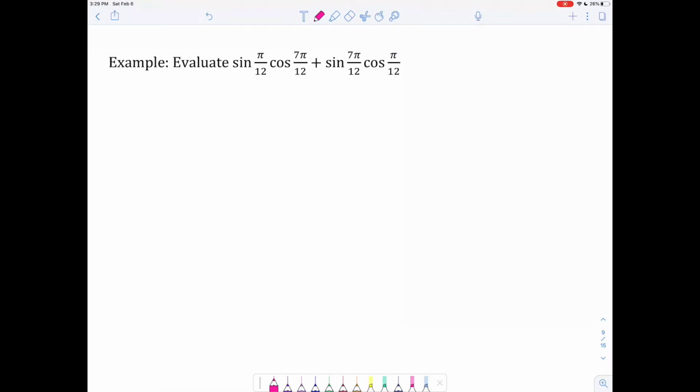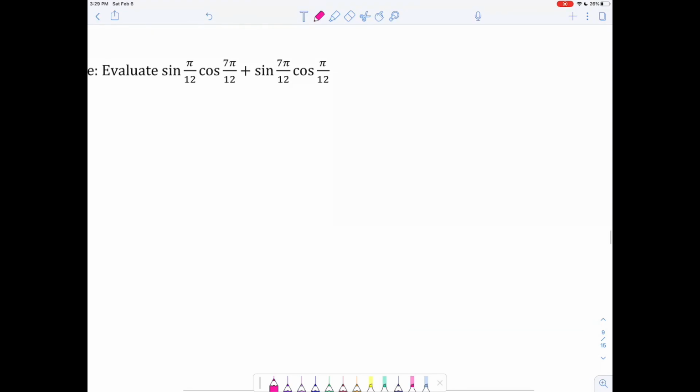Again, I'm looking for similarities between what I see here and what I might see in the formula sheets for the sum, difference, or double angle identities. I've got sine cos plus sine cos. If that is what I have, then I will actually say that this must look like the sum identity for sine.